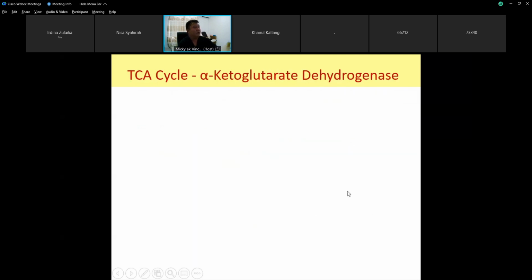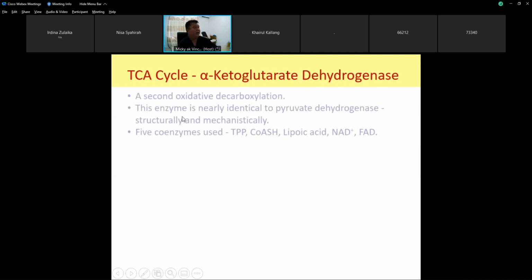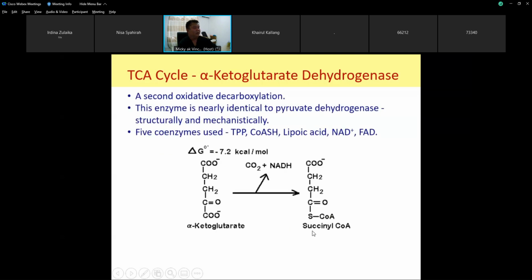So between alpha ketoglutarate and succinyl CoA, the enzyme involved is alpha ketoglutarate dehydrogenase. Basically this enzyme takes away hydrogen.